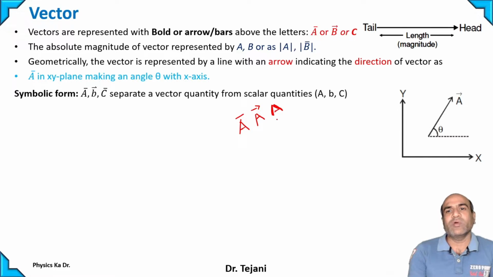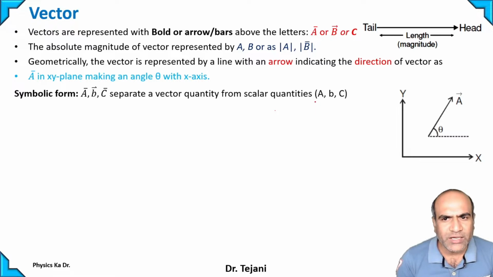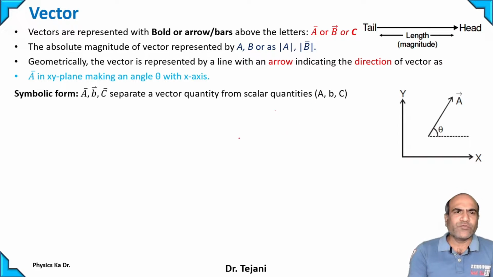That is the symbol of a vector. If it is just A, B, C, it shows only a magnitude, a scalar quantity. This is the difference between a vector and a scalar.